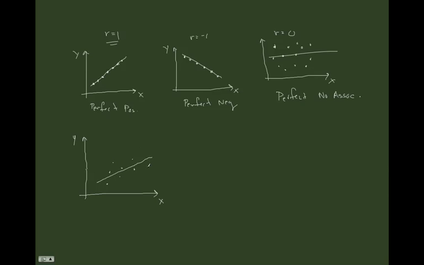They're going to vary somewhat around that line. And what that means is that r is going to be less than 1, because it's not a perfect linear correlation, but it will be greater than 0 because it's a positive linear relationship.